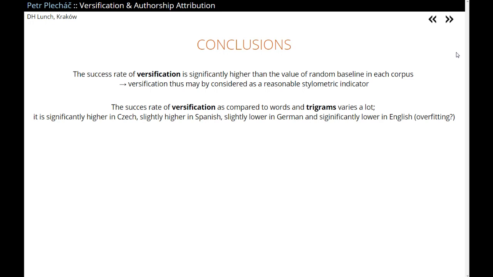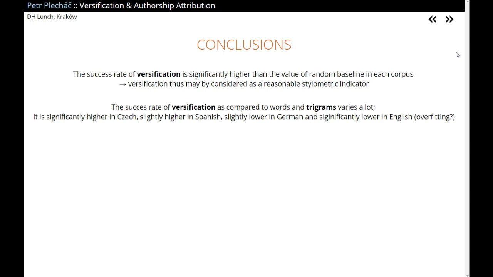In English, what comes to my mind is that this may be a case of overfitting, because in the English corpus we have large poems such as Childe Harold or Paradise Lost, chapters of which are being considered as a single poem.